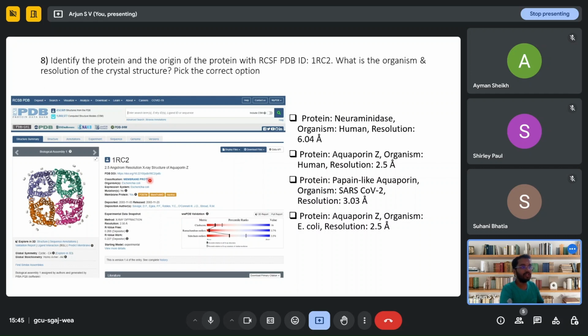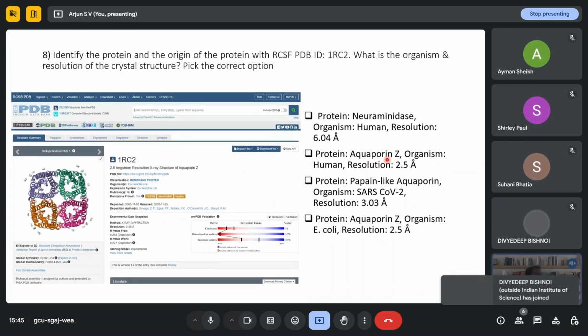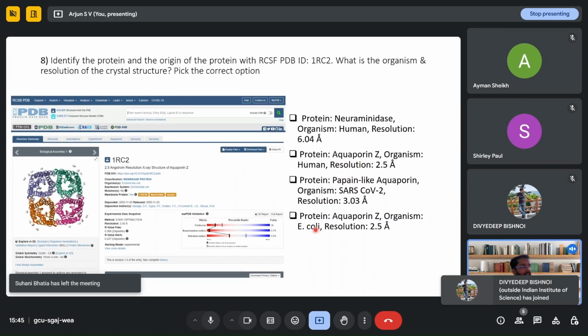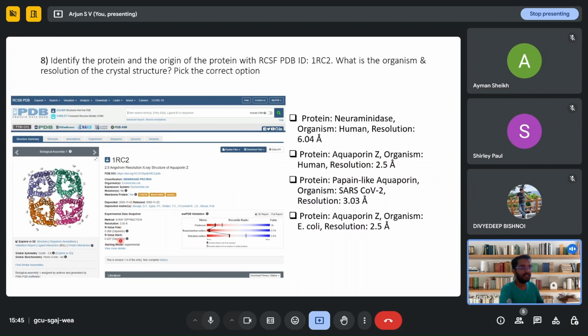If you land on this page, you will find the organism name here, Escherichia coli. The protein they asked about is aquaporin Z. The organism will be E. coli, and your resolution is given here, 2.5 angstroms.